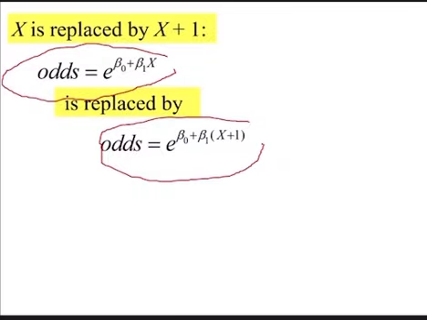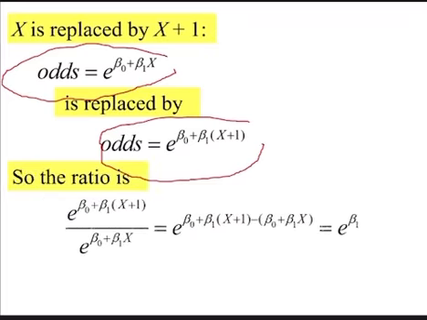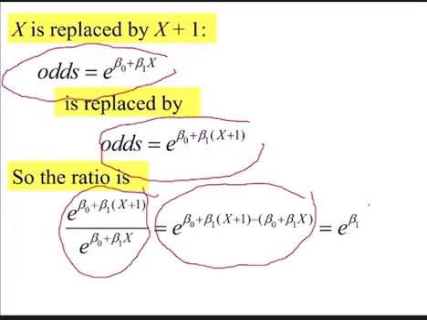How is that going to be the odds? I can look at the ratio of the two. When I finally simplify, I'm going to have exponential raised to the power beta 1.